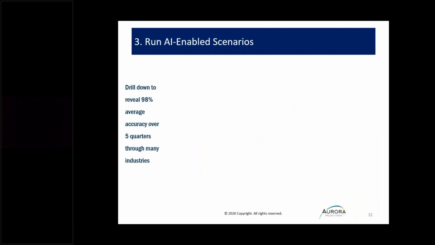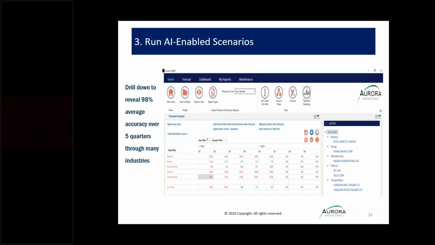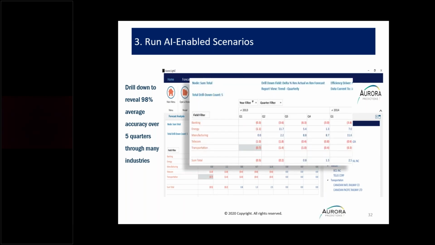We're going to drill down, and we're going to look at each of the industries here across banking, energy, manufacturing, telecom. And what we're going to see is that other than the second quarter in energy and the first quarter of 2014 in manufacturing, all our values are very, very high accuracy, like this one over here, 0.3% error, which is a 99.7% accuracy, ranging from 92% accuracy to 99% accuracy.